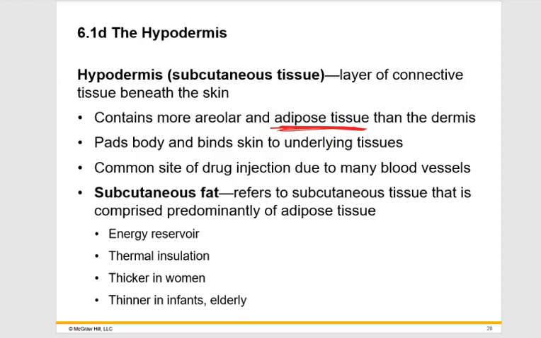The subcutaneous fat is actually deposited to give you a nice cushion. It does also exist as an energy reserve. We have the ability to reach into our adipose tissue and pull out fats when we need something to break down to produce energy. We also use our adipose tissue as thermal insulation to keep us warm.